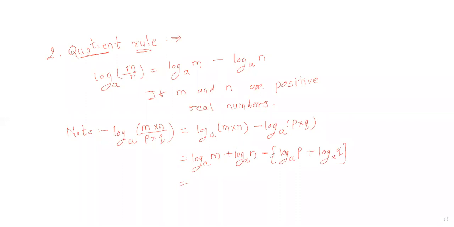Now multiply the minus into the bracket. So the final answer is log of m to the base a plus log of n to the base a minus log of p to the base a minus log of q to the base a. This is our final answer.